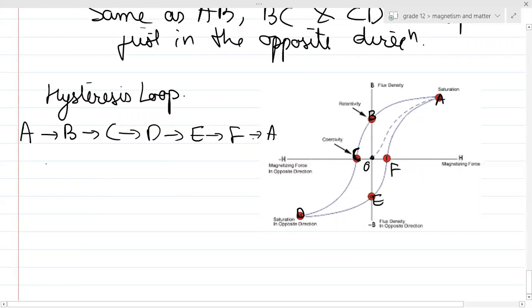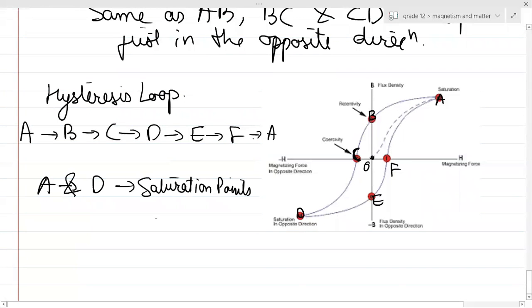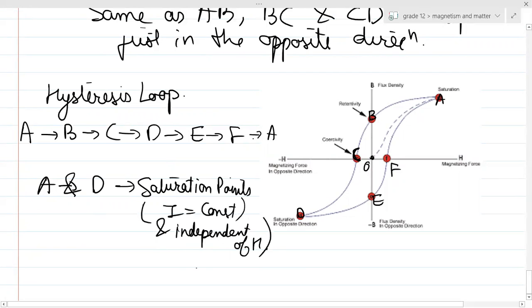Is this clear, guys? At points A and D, these are basically the saturation points. Saturation points are basically where the value of I is getting constant and independent of H, right?